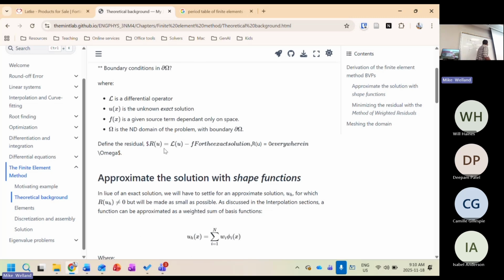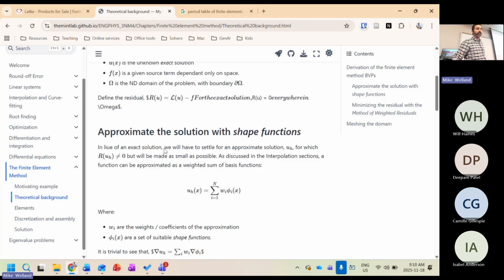Okay, what we're going to do is find our residual, a differential operator on some unknown function minus our source term, and we're going to try and minimize it. If we had the exact solution, what would this be?